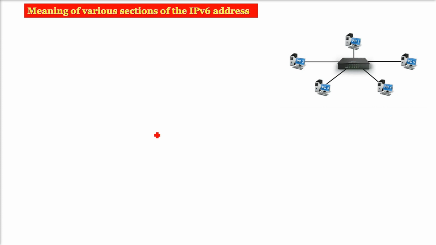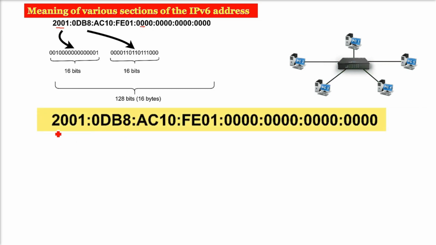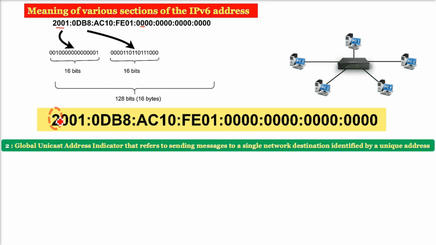Now, what is the meaning of the different sections of IPv6? It seems complicated at first sight, but it's not if you understand each part. So we'll take the same example. This is a very simple example. I showed you 16-bit, and how 128 bits has come. The first part, the 2, is the global unicast address indicator.